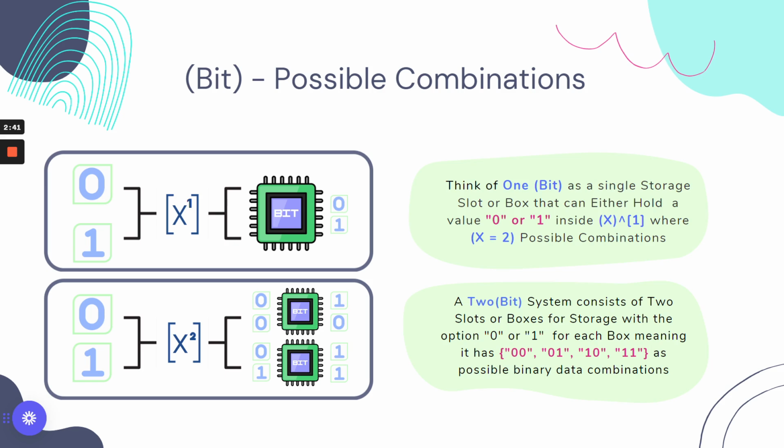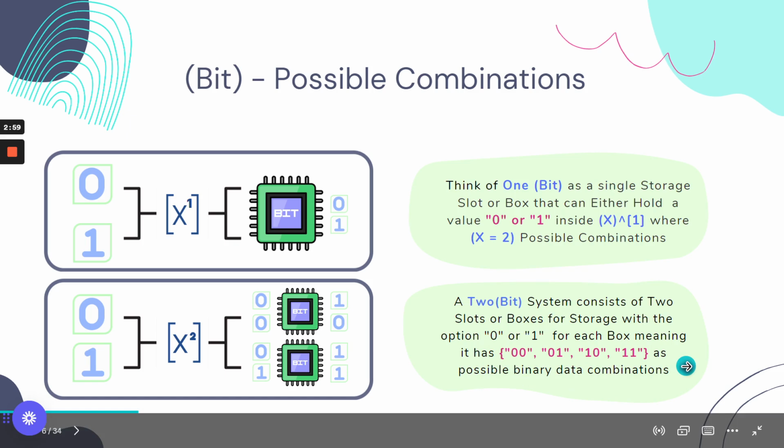A 2-bit system consists of 2 slots or 2 boxes for storage with the option of 0 and 1 for each box, meaning that it has 4 possible binary combinations listed right here.